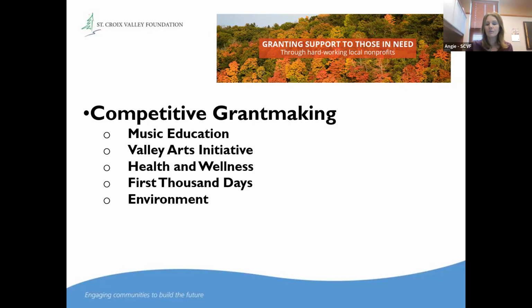This fund was established last year to support the physical, the mental, the emotional, and social development of children during those first very critical 1,000 days of life. That's about the first 3 years. And so we'll be funding organizations and programs that do that. And then again, the environmental fund, we hope to launch this spring.